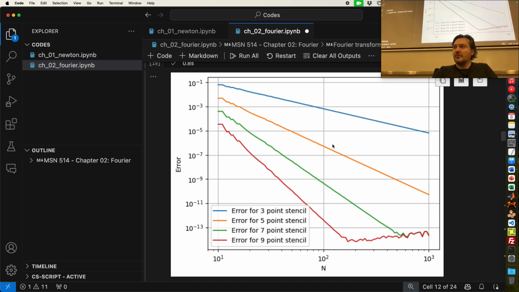If you use 5 stencils, then you just jump from 10 to the minus 3 precision down to 10 to the minus 5. Do you see that? Yeah. 5 stencil is this, 7 stencil is this, 9 stencil goes even further down, right?